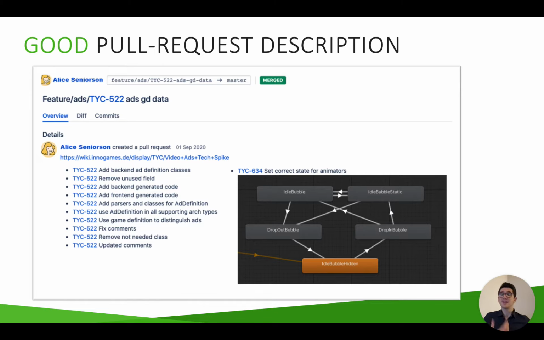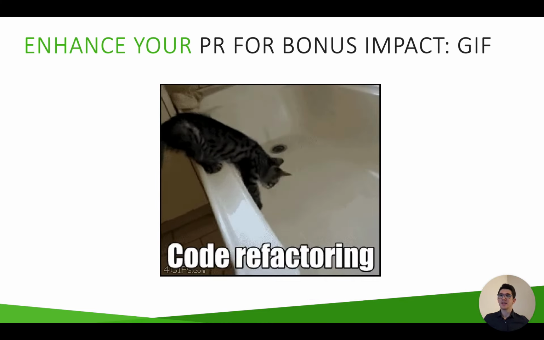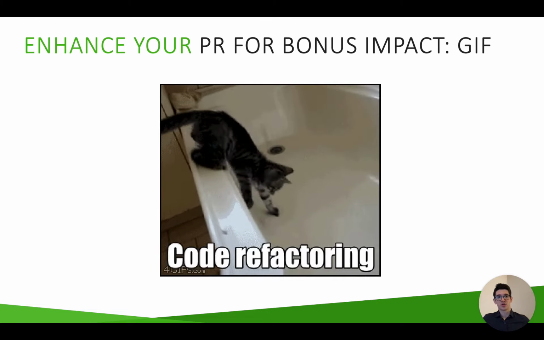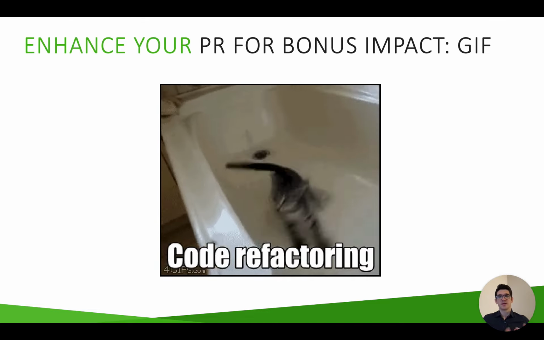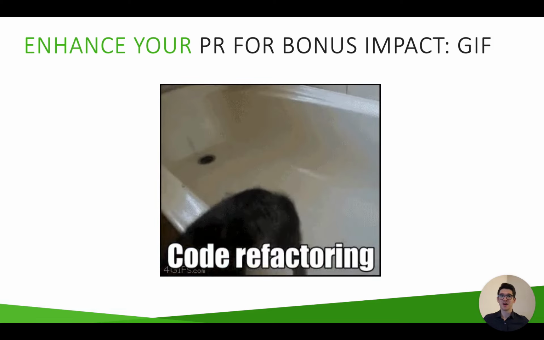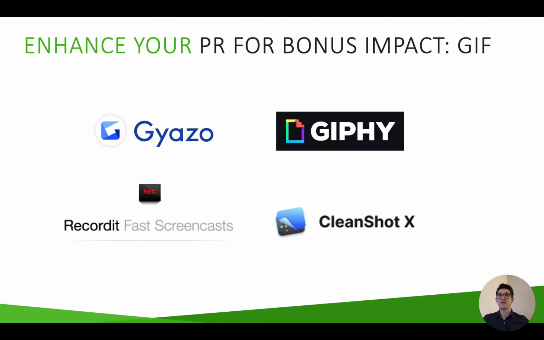But we can take it a little step further and enhance our pull request with a little GIF. You can include GIFs in the overview. You can make it a fun GIF to convey some emotions, to make it a little bit funny, or you can add a helpful GIF and provide a GIF of how the feature works in reality.